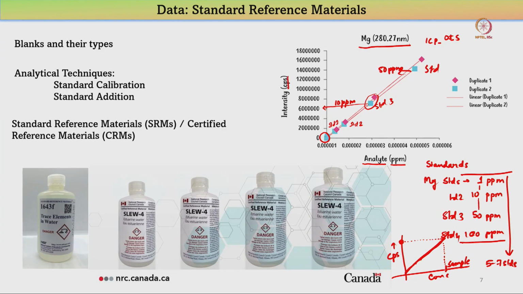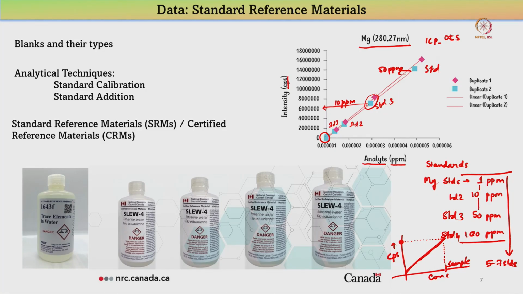And to do this calibration curve we need to have multiple standards, and maybe every standard we need to run in duplicate and triplicate. How are we going to prepare the standards? Now, these standards are prepared from some known samples.